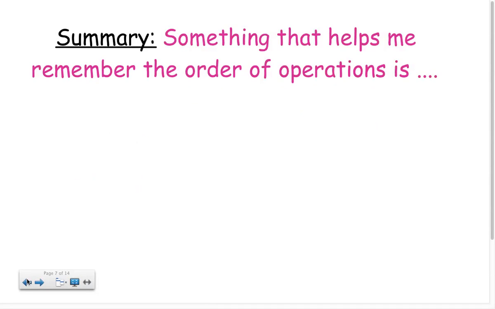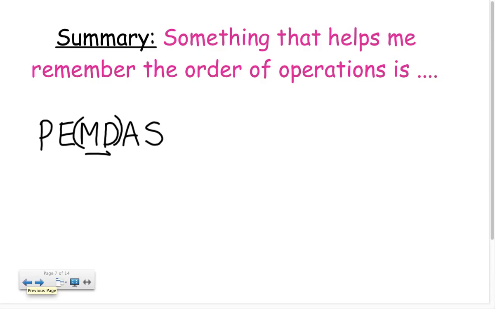Summary. Something that helps me remember the order of operations is PEMDAS. At this point, I think most people remember what the multiplying, dividing, adding, subtracting, parentheses, exponents all stand for.